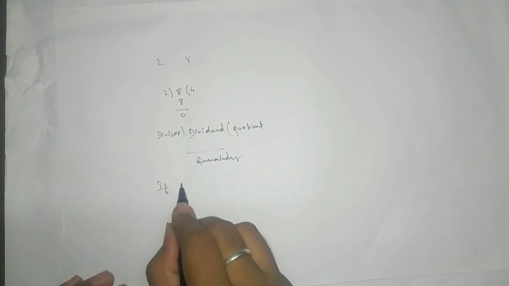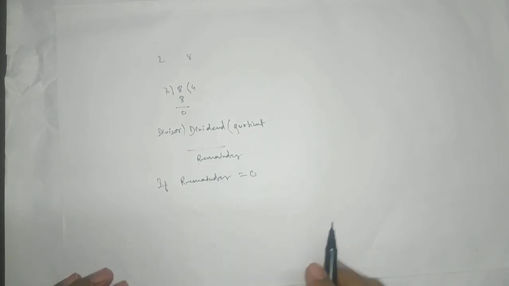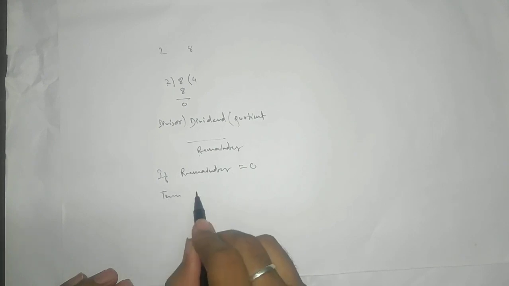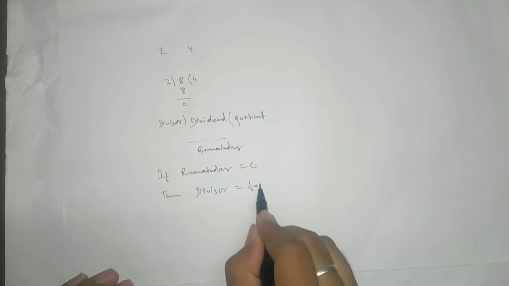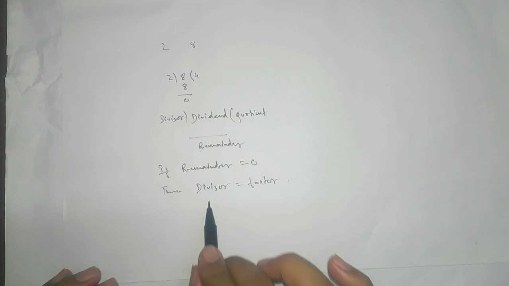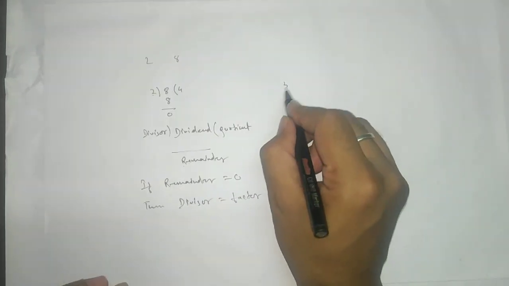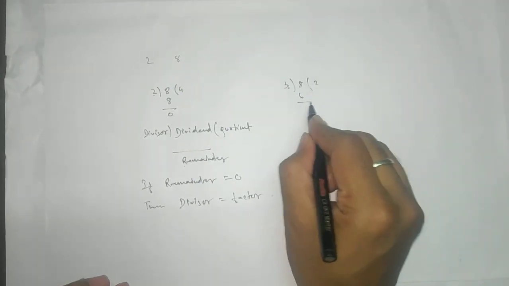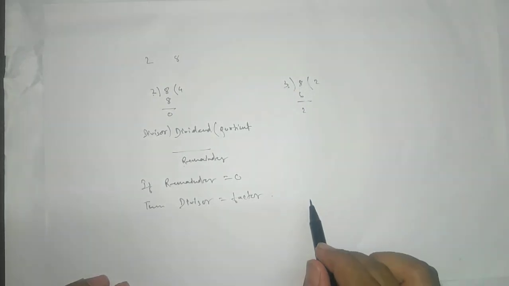If your remainder equals 0, then only we can say that the divisor is a factor. That means to become a factor, the remainder must be 0. If I take 3 and divide, 3 twos are 6 and the remainder is 2. That means 3 is not a factor of 8.